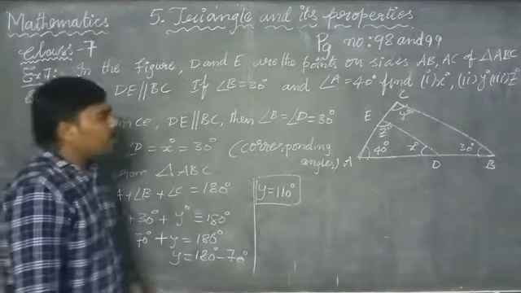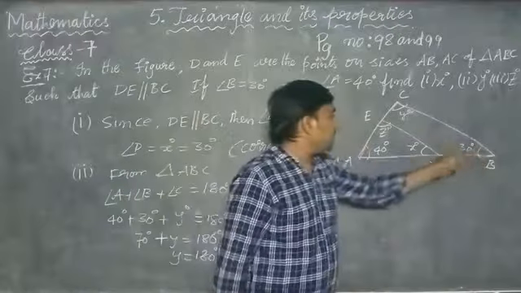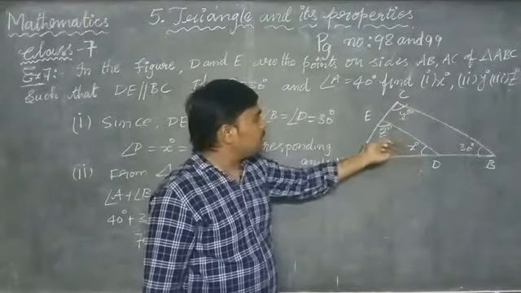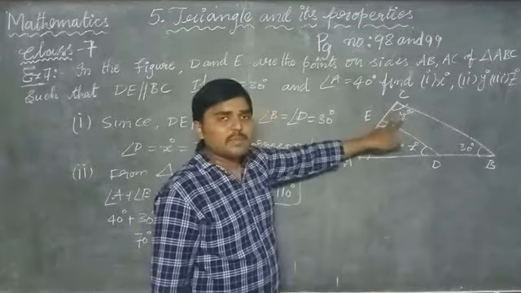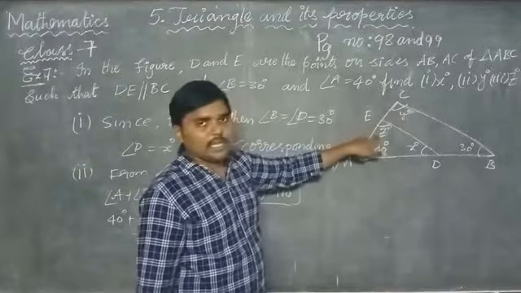In this way we can find the y value. After finding the y value, BC and DE are both parallel lines. Here these two are also corresponding angles. Angle y and angle z are corresponding angles.